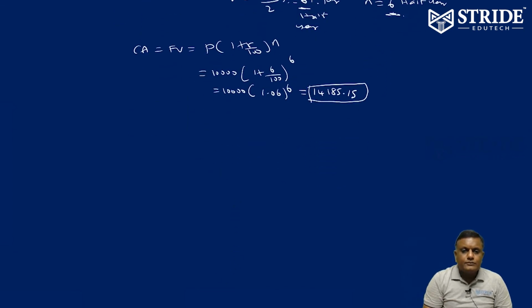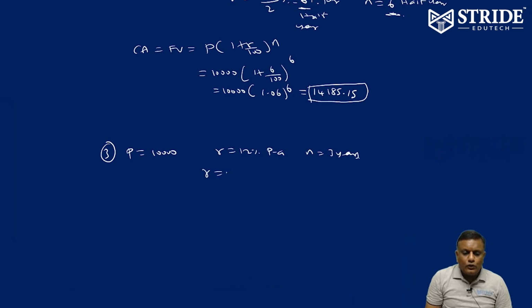Trick number 3. Same amount we deposit. So principal is equal to 10,000, rate of interest 12% per annum, N is equal to 3 years. Now the interest is compounded quarterly. In 1 year, how many quarters? 4 quarters.